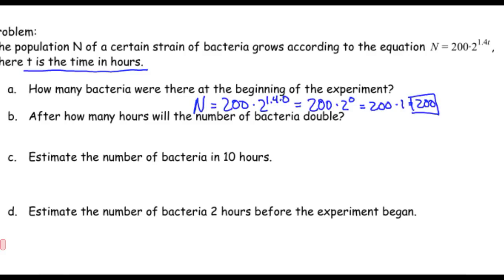200. Now the next question is, after how many hours will the number of bacteria double? So how long will it take before the bacteria in here double? So what we're looking for is, we started with 200, when will we have 400?